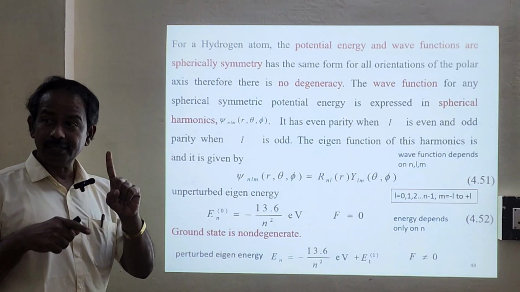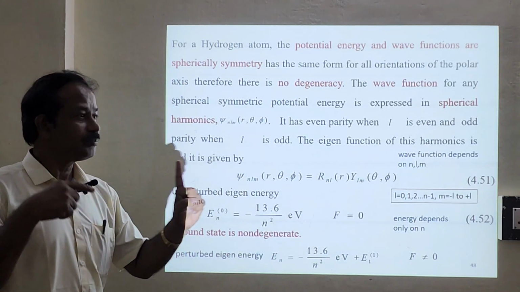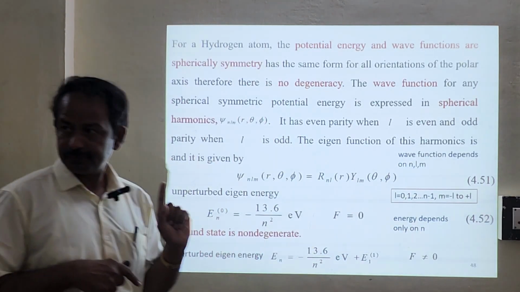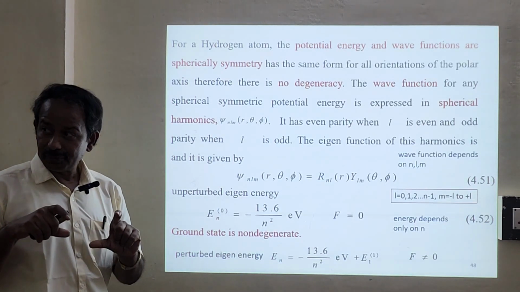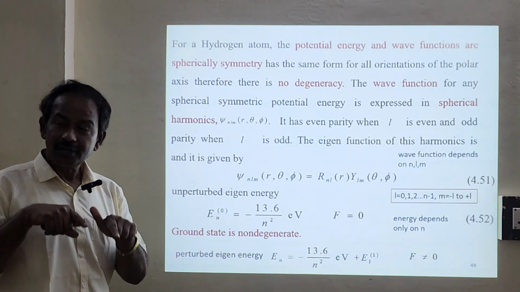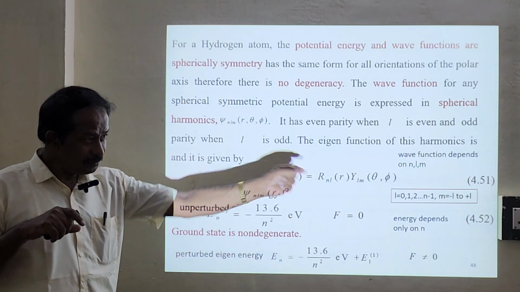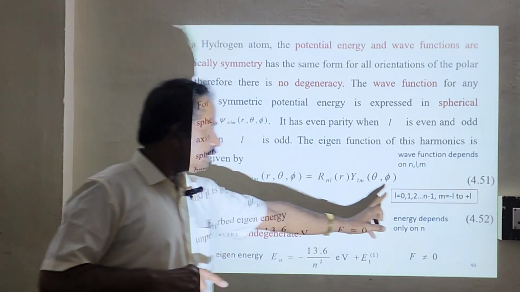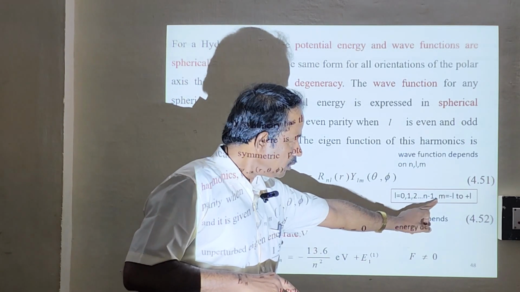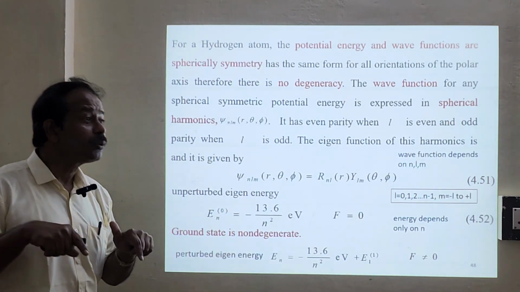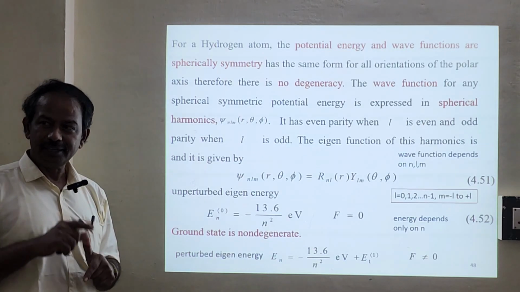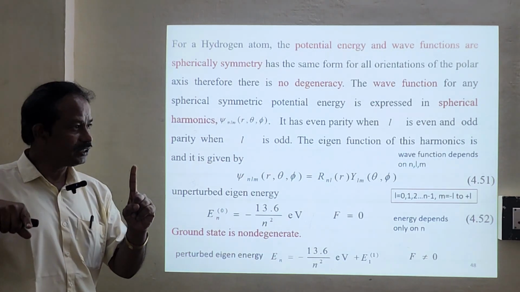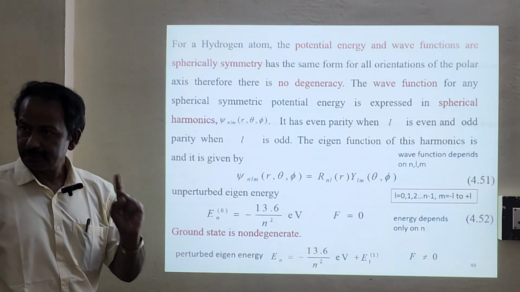For n equals 1, l will be 0 because this is 1 minus 1. If l equals 0, m will be 0 again. For n equals 1, l will be 0 and m also will be 0, the ground state.